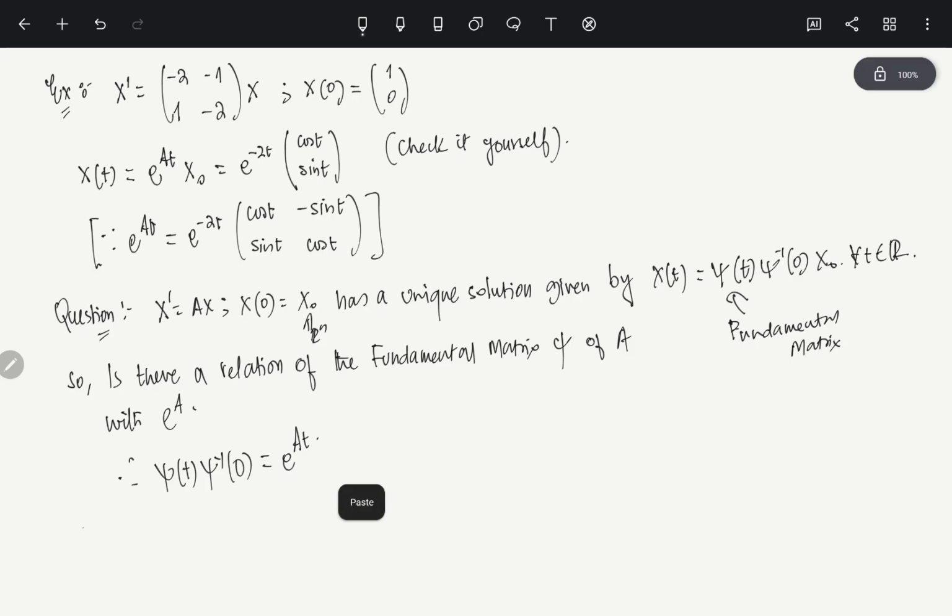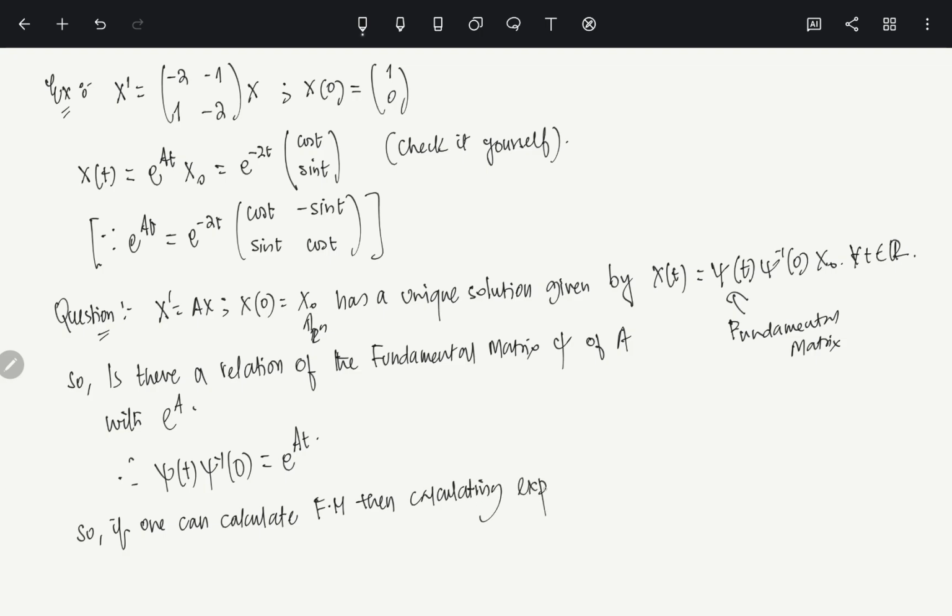We'll explore all these things in future videos, but for now it is just for information. If one can calculate the fundamental matrix, or if it is given, then calculating the exponential of a matrix is easy.